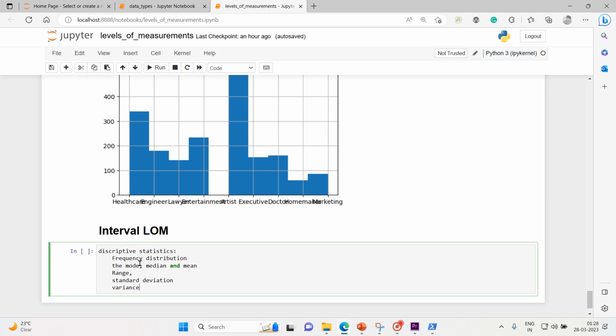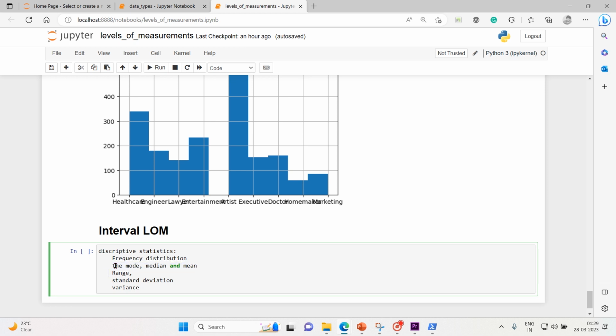The second one we have is the mode, median and mean, which are all measures of central tendency. The mode is the most frequently occurring value, the median is the middle value, and the mean is the average of all values. To calculate the mean, add all values together and then divide by the total number of values. We will be looking into that.